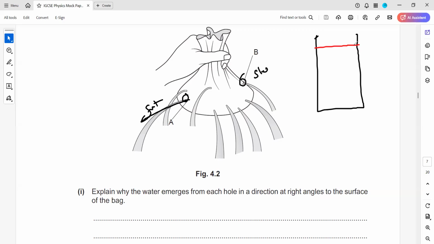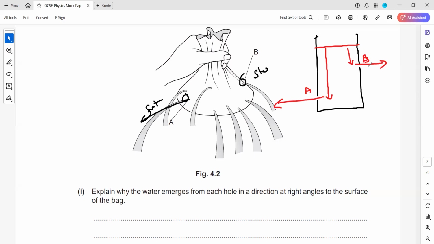I have one opening here and I have another opening here. So this is point A and this one is point B. Point B has a lower depth as compared to point A. Point A has a greater depth. So what is the reason the liquid is coming out faster from point A as compared to point B?